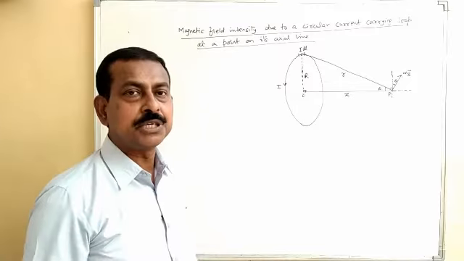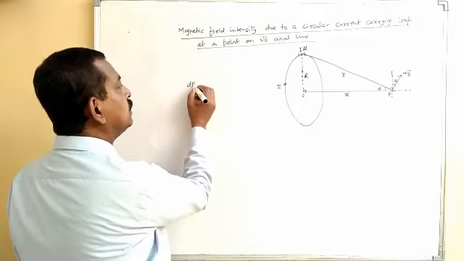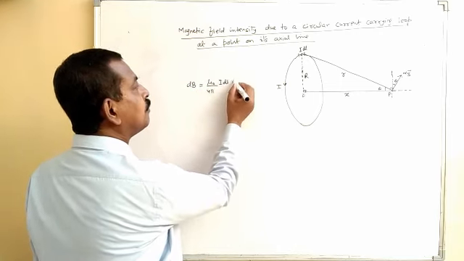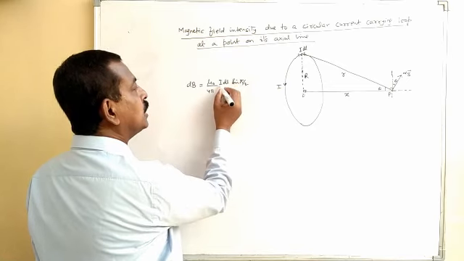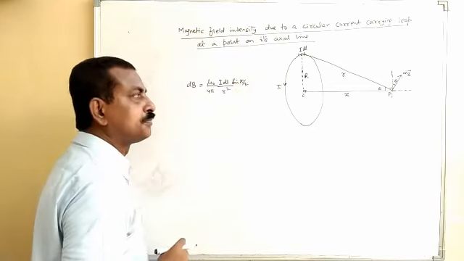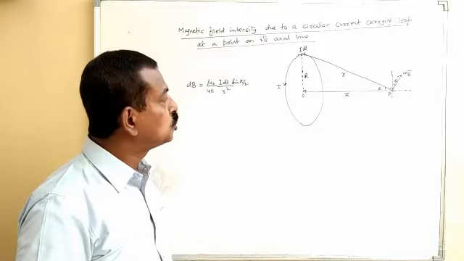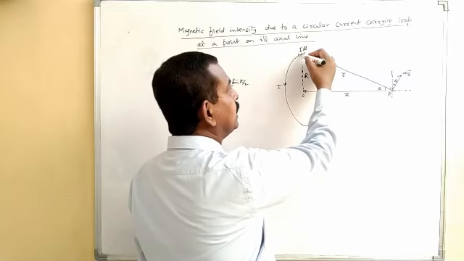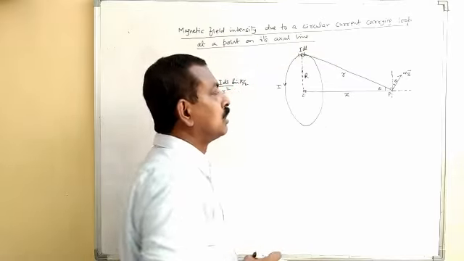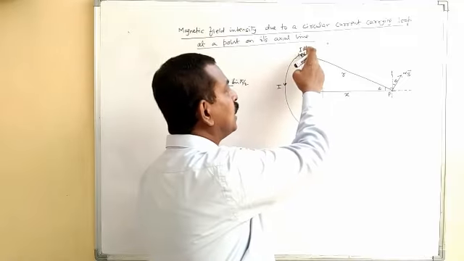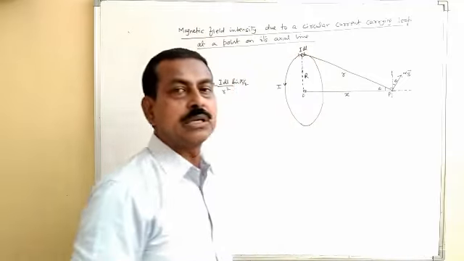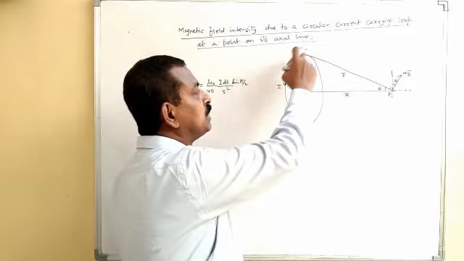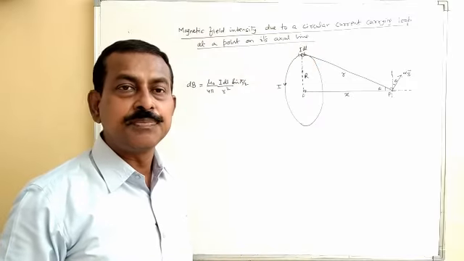Then by Biot Savart's law, we can write dB as mu naught by 4 pi I dL sin 90 by r square. Why is it so? Because here you can see the current element direction and the line joining the current element to the observation point make an angle of 90 degrees, because the direction of the current element will always be tangential there.